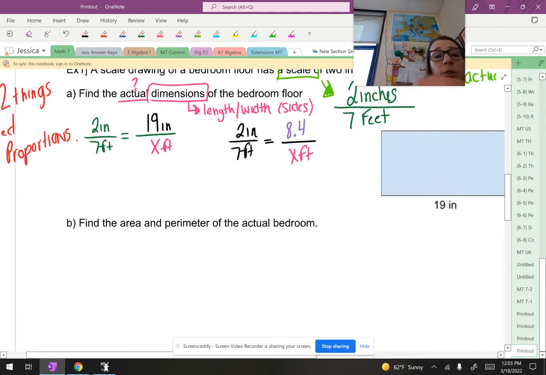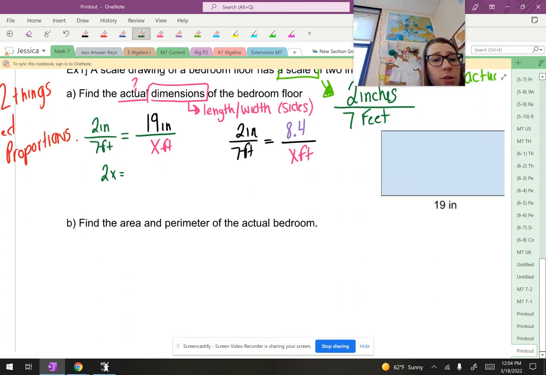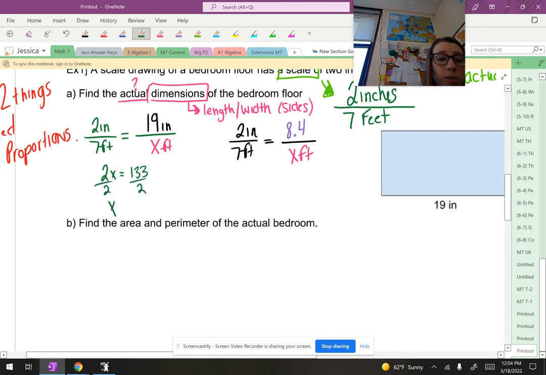And now, old school cross multiplying like we've been doing forever. So 2x is going to be equal to whatever calculator 19 times 7 is, which is 133. Divide both sides by 2 to get x is equal to 66.5 feet.